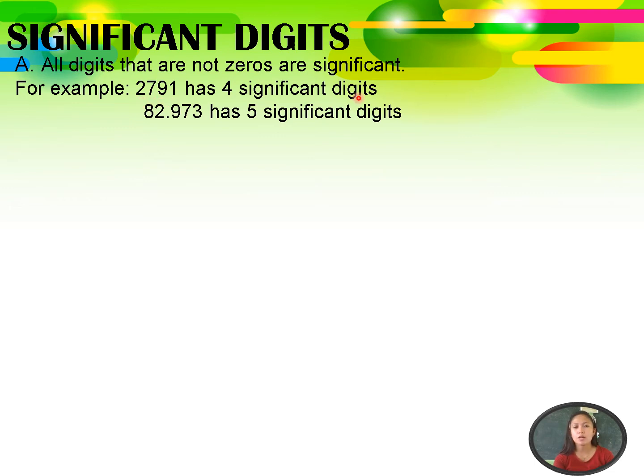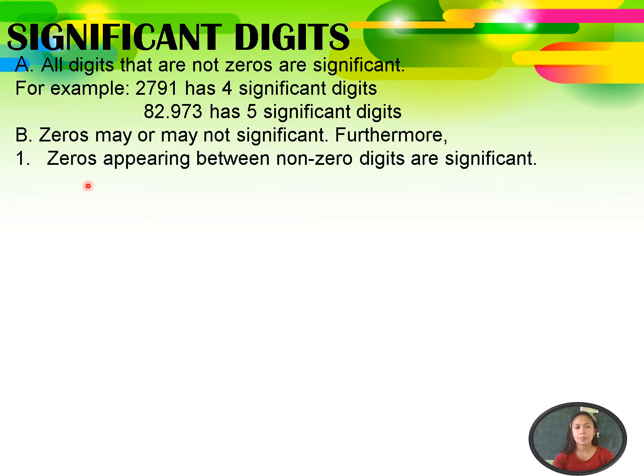Another, 82.973. It has 5 significant digits. So we have 1, 2, 3, 4, and 5. It's very simple. When the digits are not zeros, then all the digits are considered as significant.